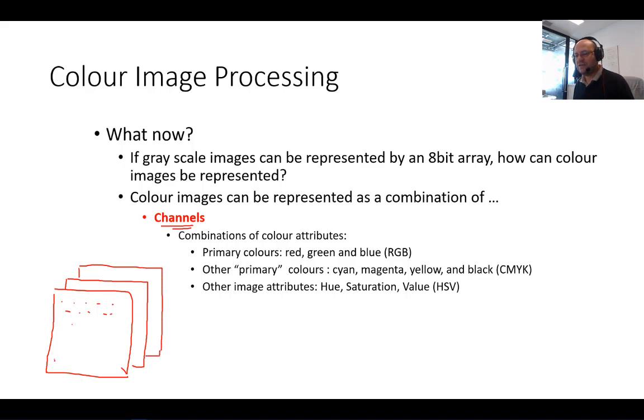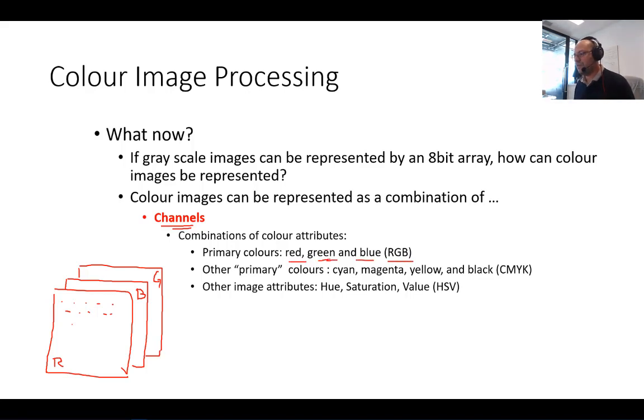One has the pixel intensities for the color red, another has the pixel intensity for the color blue, and the other has the pixel intensity for the color green. That creates the system of representation called RGB, which stands for red, green, and blue.